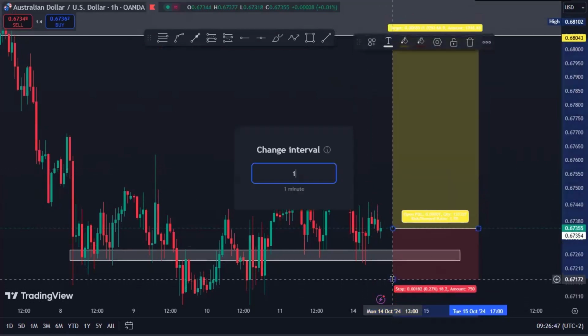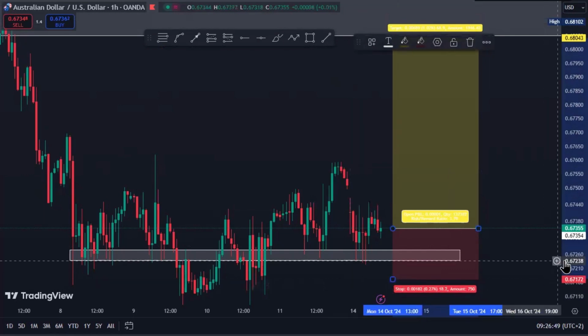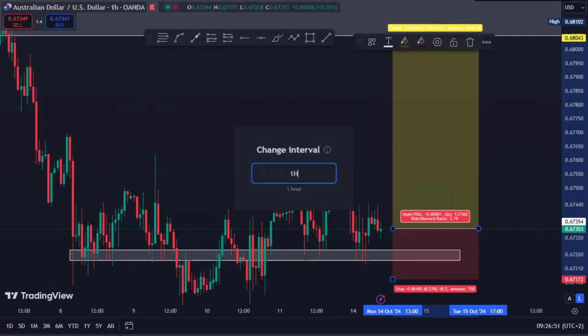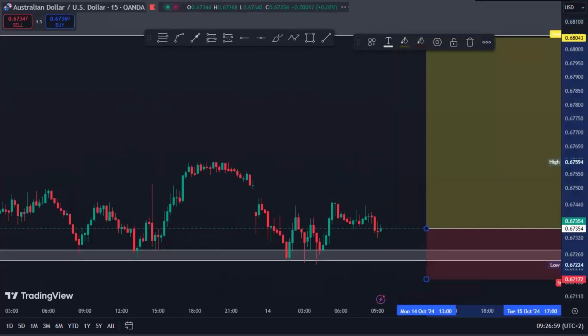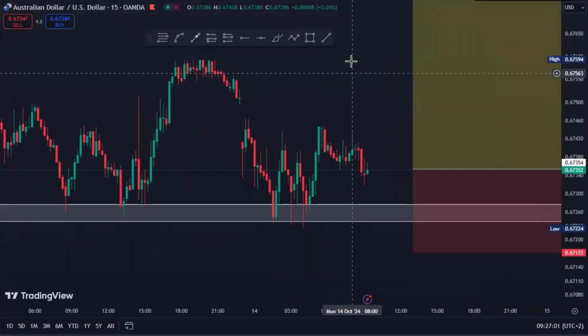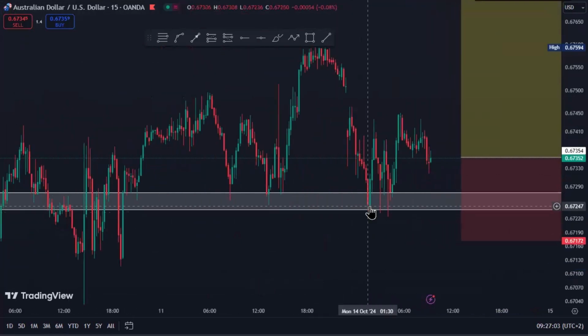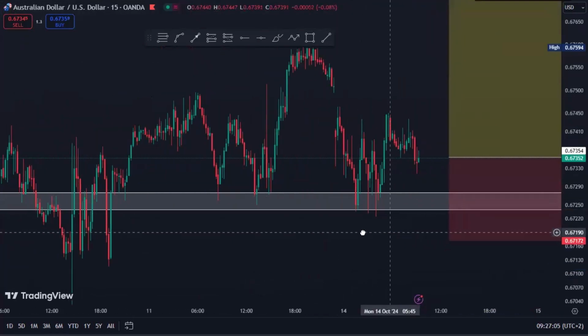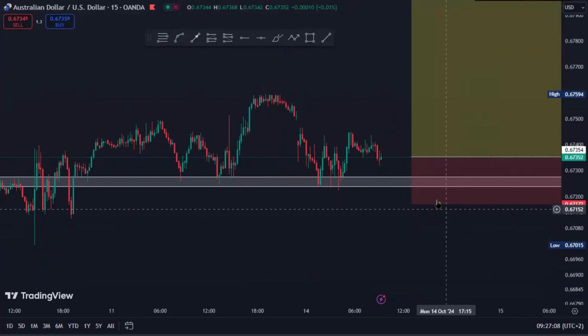So we can go to 15 minutes and show you another way you can get an entry. Already on 15 minutes, it created what? A double bottom also. So the market is going up.